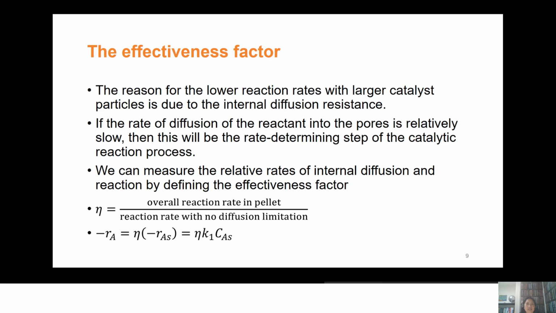So the material balance for the reactor will be the same, but in the generation term, you will have to use the overall rate of reaction, meaning you will have to use the effectiveness factor times the rate at the surface concentration. I hope that everything is clear so far.